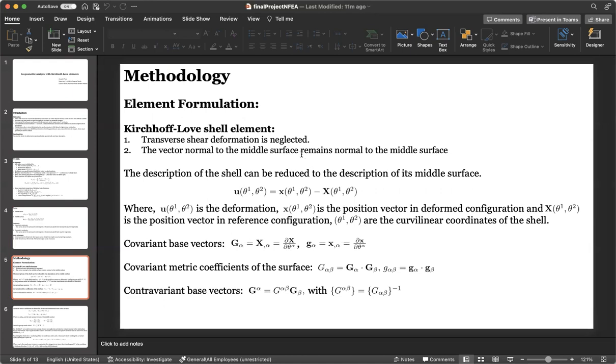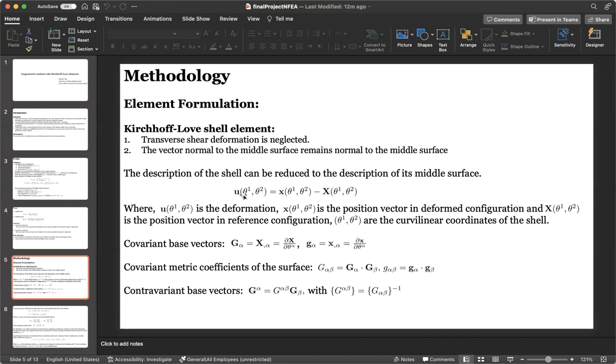Now we will derive the Kirchhoff-Love shell elements, which are used for analysis. The main assumptions behind the Kirchhoff-Love shell element are that the transverse shear deformation is neglected, and the normal vector to the mid surface remains normal even after deformation.